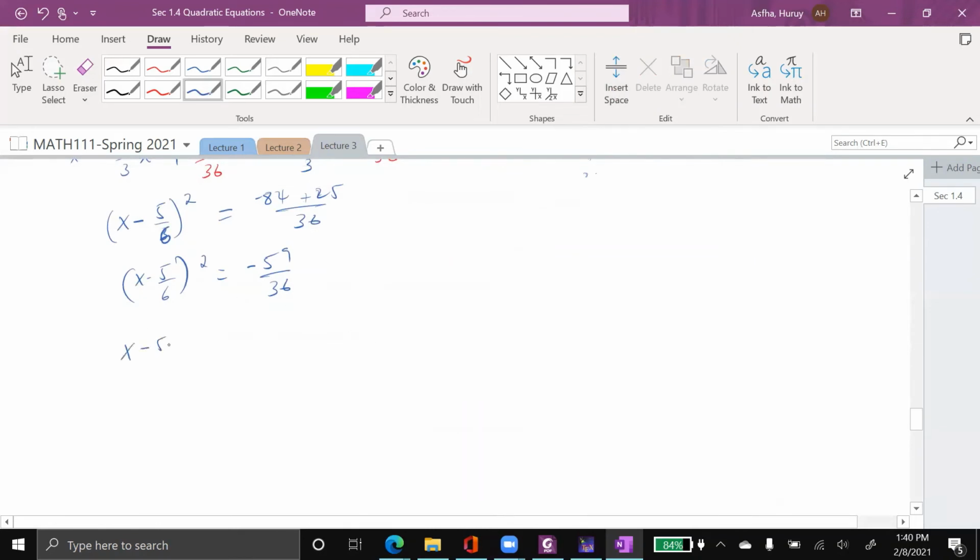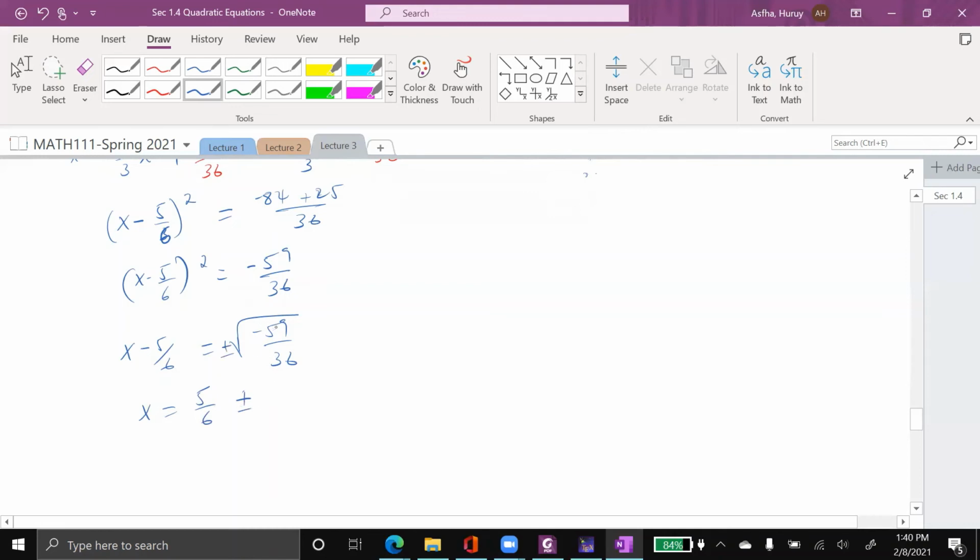So this is x minus 5 over 6 equals the square root of negative 59 over 36. Now we are applying the square root property, because we have this step, and then the next is applying the square root property. So we move this one to the right side, plus or minus.